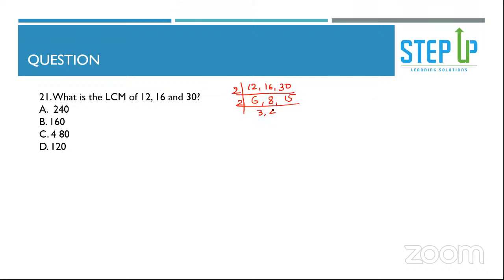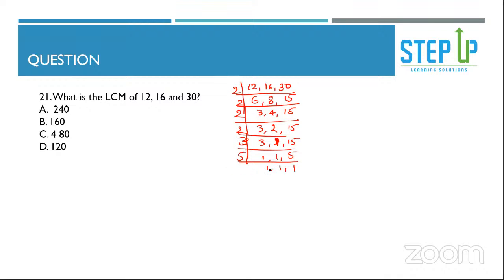2 threes are 6, 4. If this will not go, then you again divide: 2 2 15, 2 3 2 1 here and 15, and then 3 1 1 5, and then 5 1 1 1.